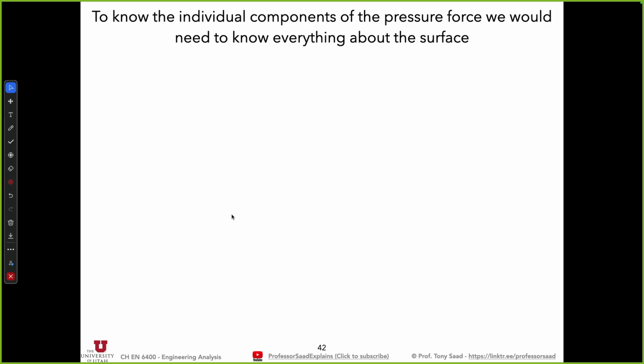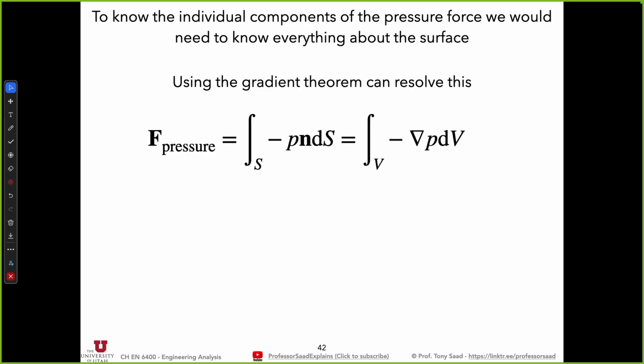A cleaner way to do this is to convert the surface integral into a volume integral using the gradient theorem. Because once I convert that into a volume integral, the gradient is immediately just giving me the i, j, and k components, whatever the surface is. This is the beauty of these integral theorems.